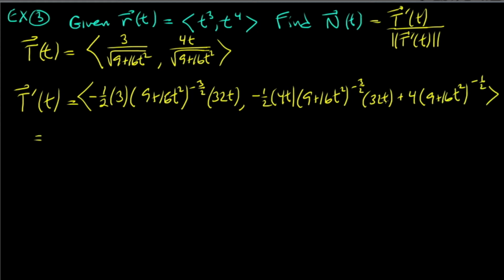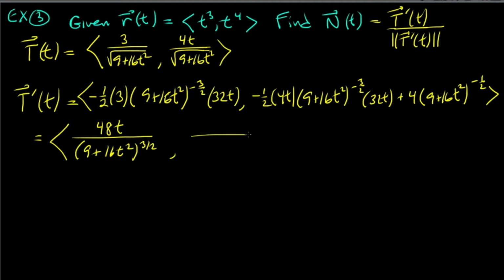That's nightmares from Calc 1 again. So let's see if we can clean this up a little bit. 32 divided by 2 is 16, 16 times 3 is 48. So you're still going to get 48t in the numerator, and in the denominator it's 9 plus 16t squared to the 3/2.